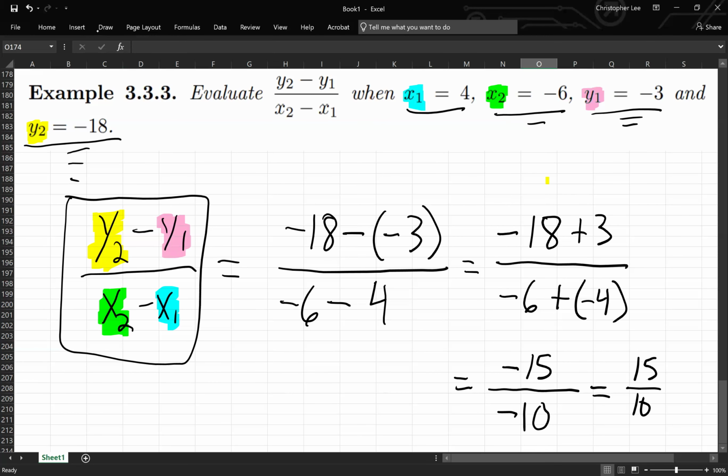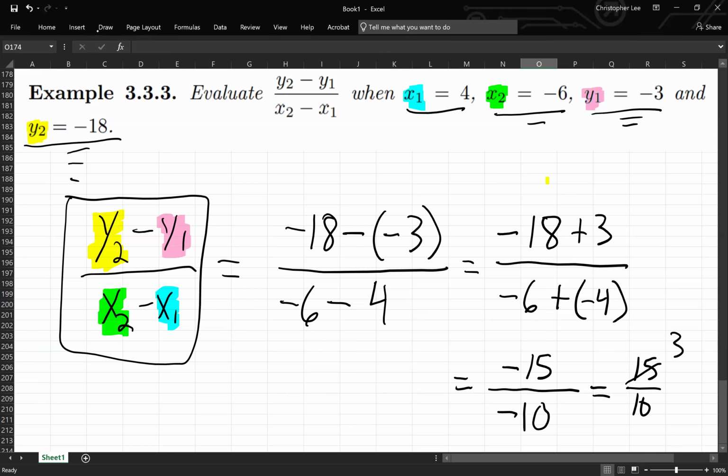Let's reduce that a little bit. 5 can go into 15 and 10, right? How many times does 5 go into 15?